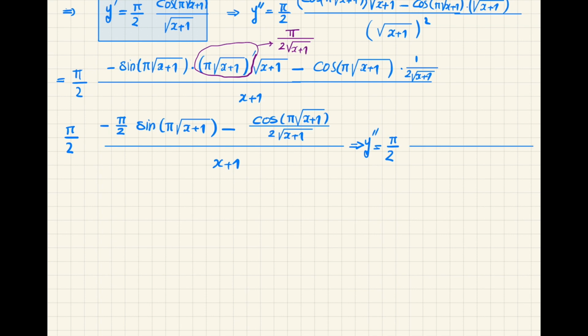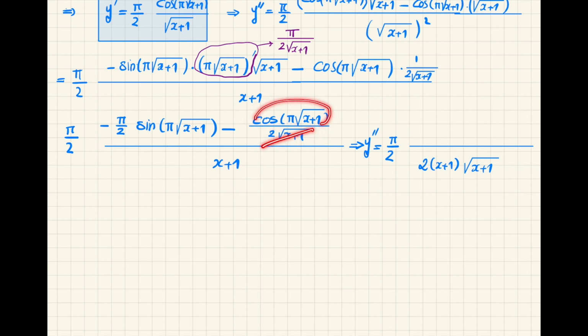If I multiply the denominator by that factor, it becomes 2x plus 1 square root of x plus 1. So what I am doing, I am multiplying both the numerator and the denominator by this factor. So this expression will be multiplied by that factor, so that's the denominator. When I multiply this part by that, this is totally gone.